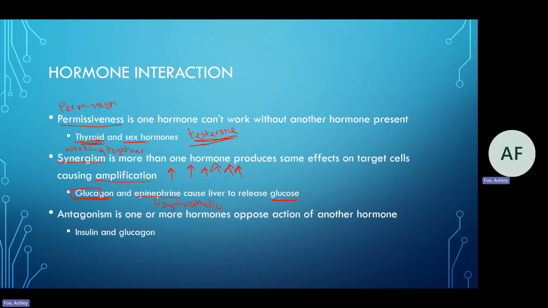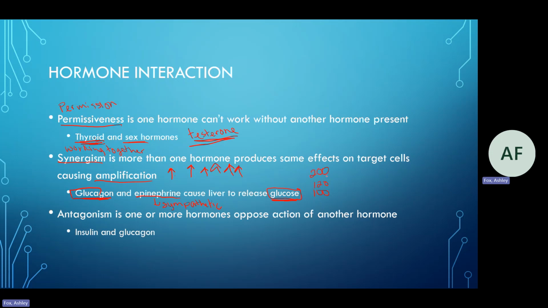Without glucagon, so this is why you don't have to eat. You can wait 24 hours and not eat because glucagon will maintain your blood sugar at a level that you need. So if you release glucagon and epinephrine at the same time, they're both causing the liver to release glucose. So your blood sugar might go from 100 to 120 with glucagon, but with them both around, it might go to 200.